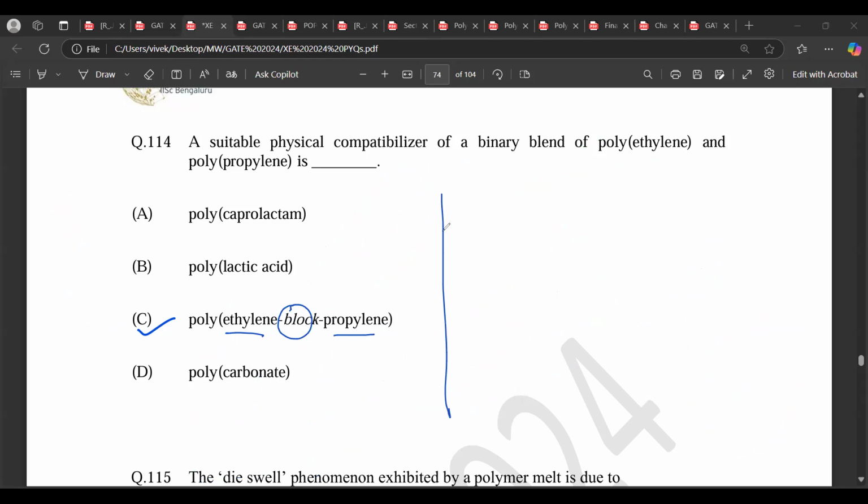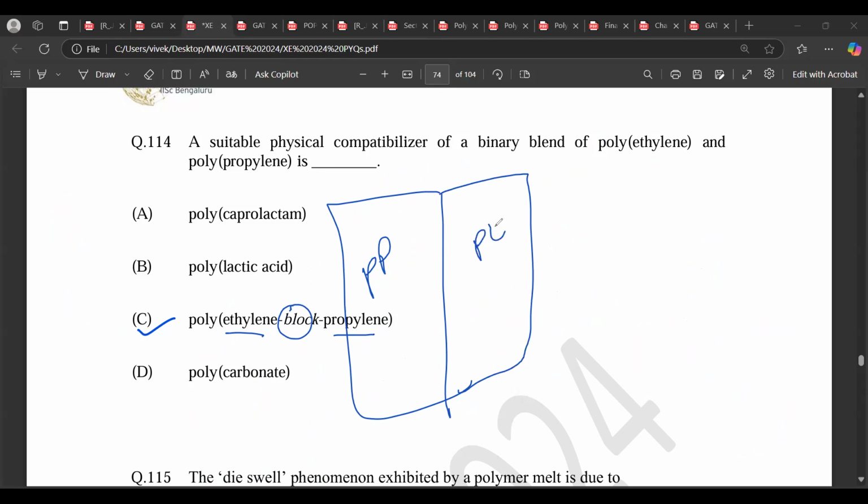On the interfaces, let's say this is a PP microstructure, grains or domain, and this is PE in your microstructure. On the interface, you can put this polyethylene block polypropylene.